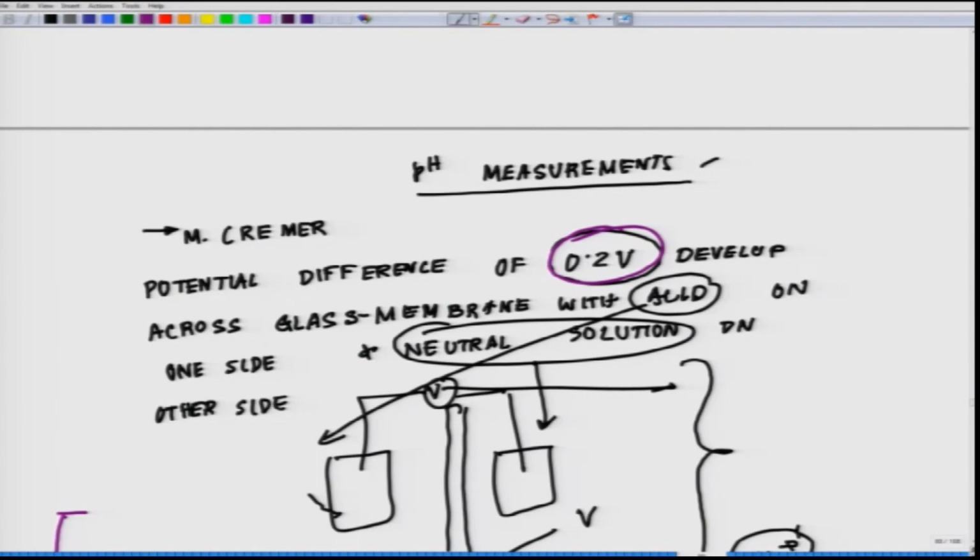Now from here I will move on to another ion selective electrode today, which is a slightly more complex one. So I will draw the electrode first this time. The ion selective electrode out here is something like this.